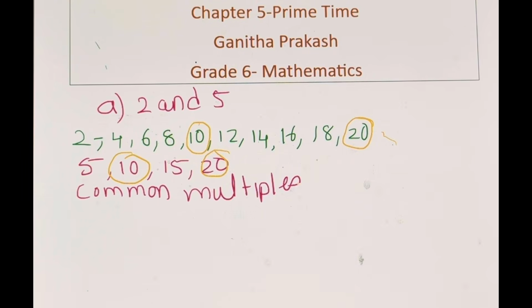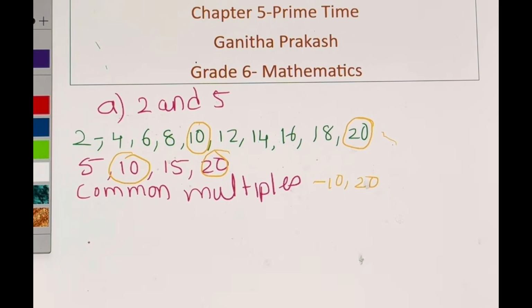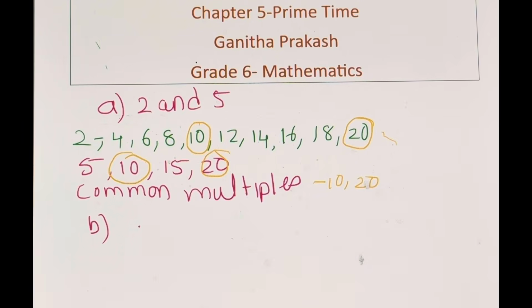So the common multiples are 10 and 20. You can write more common multiples. Now another question is B, where the numbers given are 3 and 7. Okay.